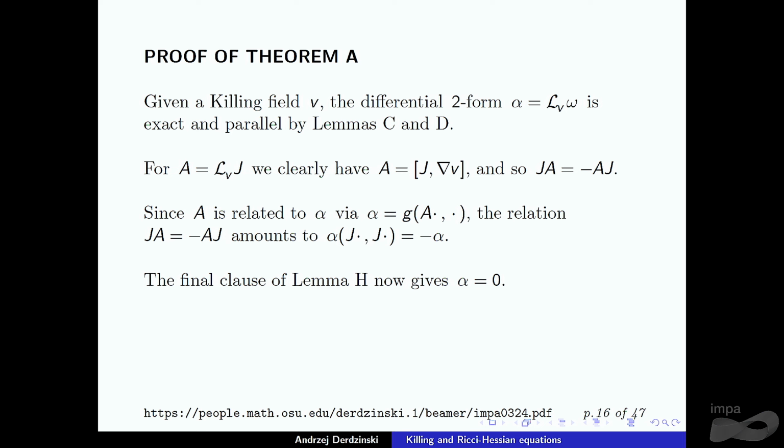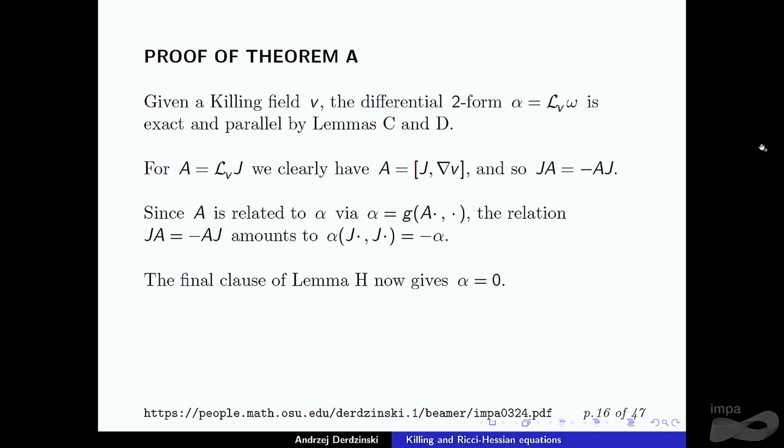And alpha also corresponds via the metric to capital A, which is the commutator of J and this skew adjoint endomorphism, the covariant derivative of V, and therefore it is antilinear. For A being antilinear means that alpha has this property here: alpha pulled back by J becomes minus alpha.